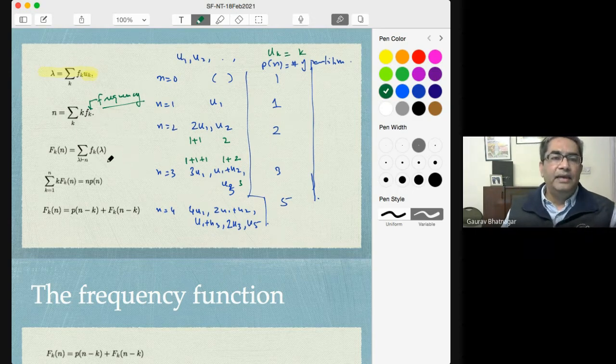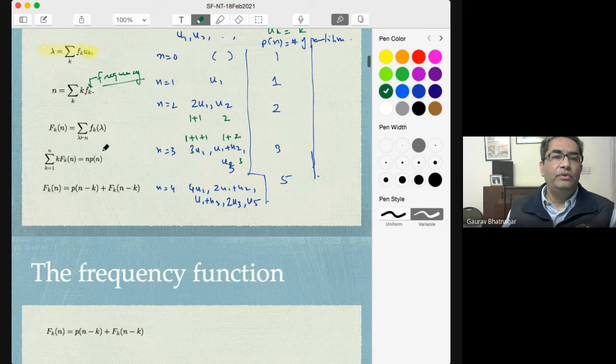And if you take this frequency function, you sum all the frequencies. So this means that lambda is a partition of n. Fk of lambda, the sum over all the lambda, is the sum of all the frequencies of lambda. So you take, for example, f1 of 3, you take 3 times 1 and plus 1, 4.